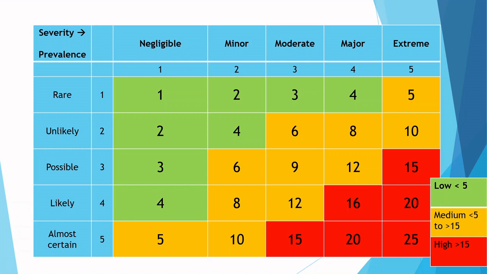So we're going to say it's likely, and it is extreme, because if it's a hemolytic E. coli, that's going to put us down in the 20 category. And so this is going to be a high risk that we need to be concerned about.